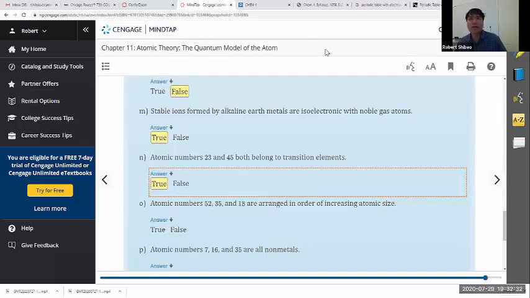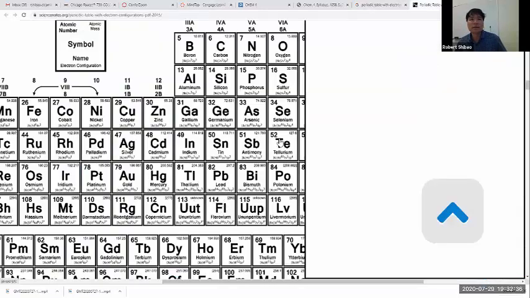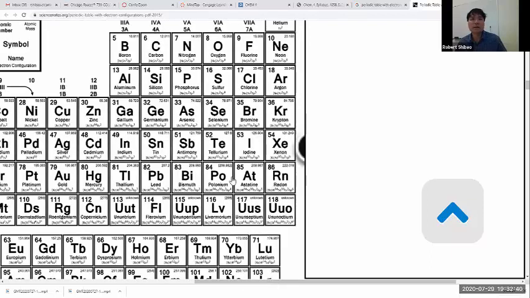Atomic numbers 52, 35, and 18 are arranged in order of increasing size. 52, okay, is big. That's right, tellurium's big. 35 should be smaller, and 18 should be smaller. This is in the 5th shell, 1, 2, 3, 4, 5. This is 4th shell. This is 3rd shell.